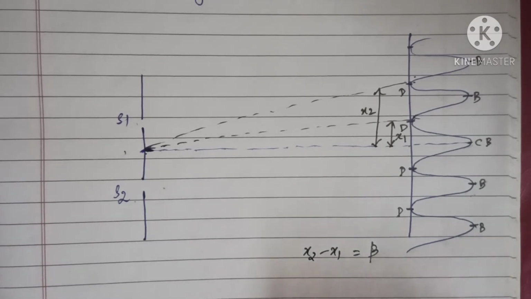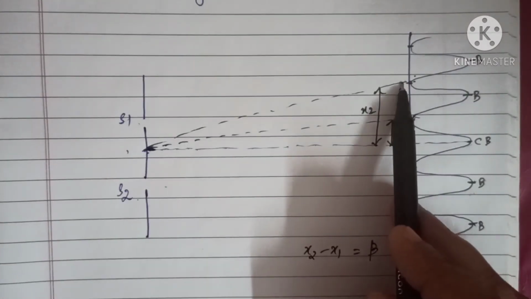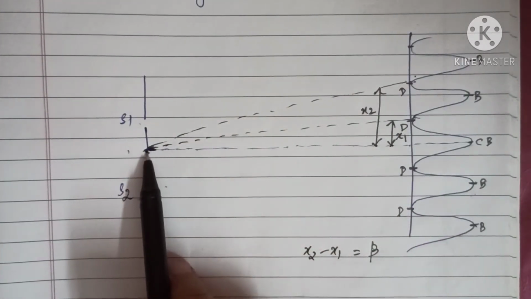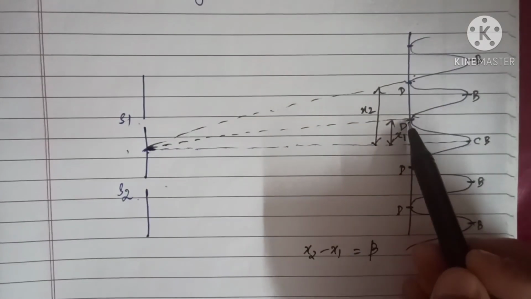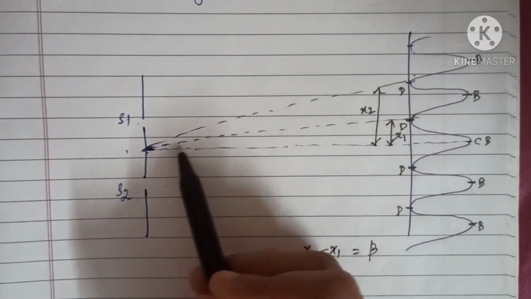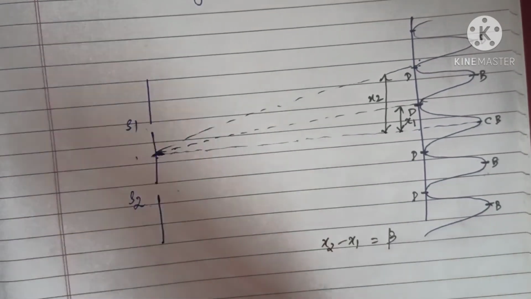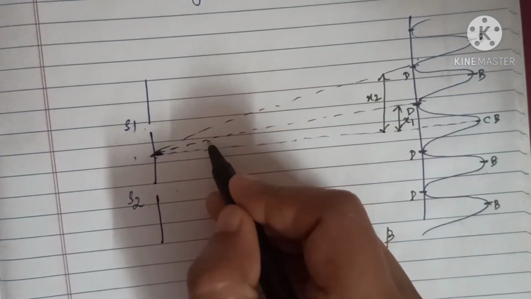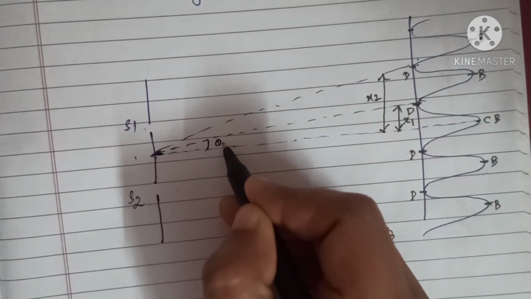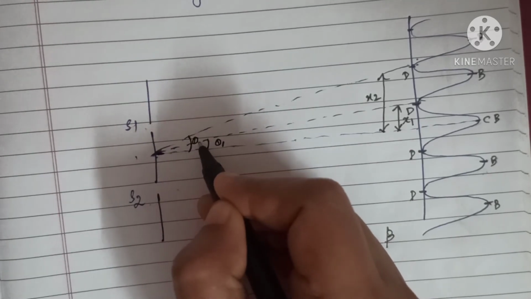Now again here you can see this dark point is making an angle with the central line. Clear? And again from this dark point also it is making an angle with the central line. Suppose this dark point is making an angle of theta 1 and this is making an angle of theta 2.